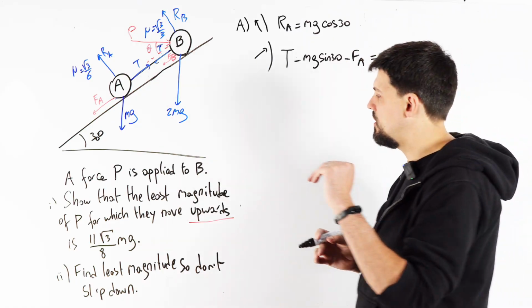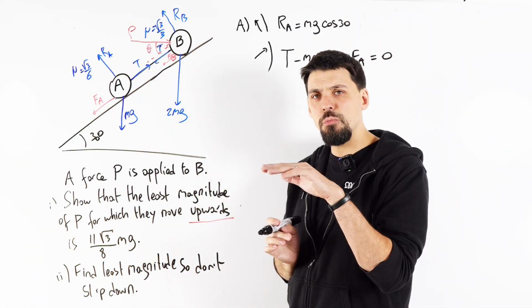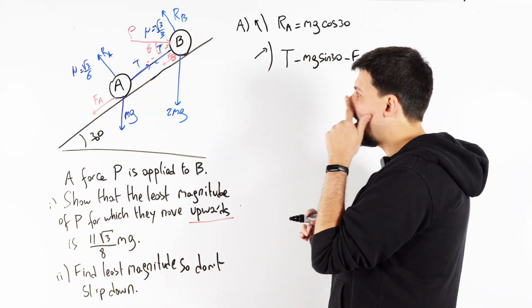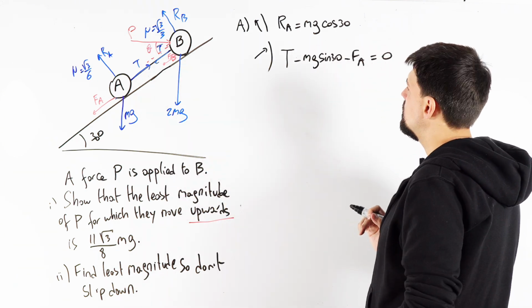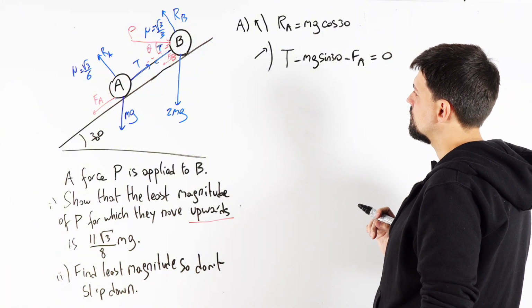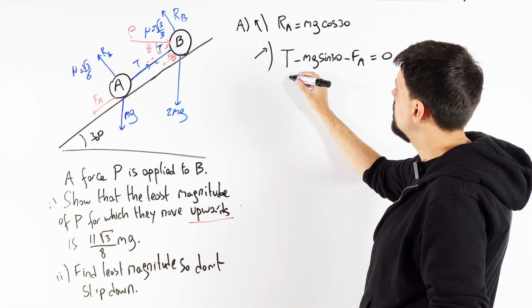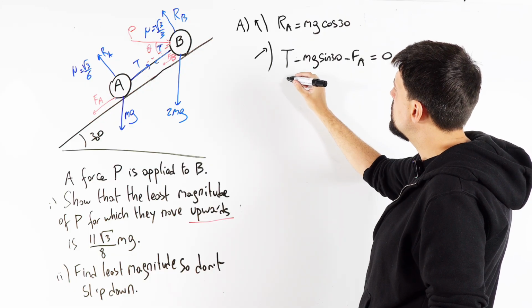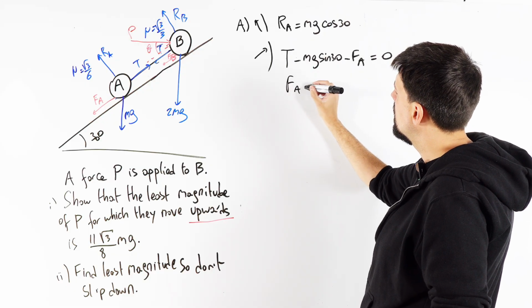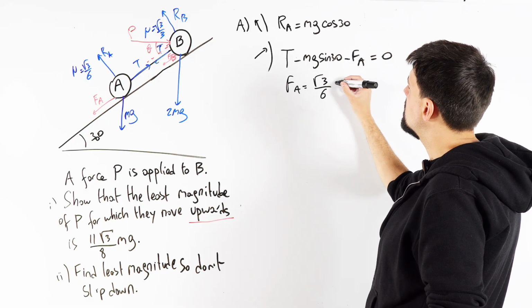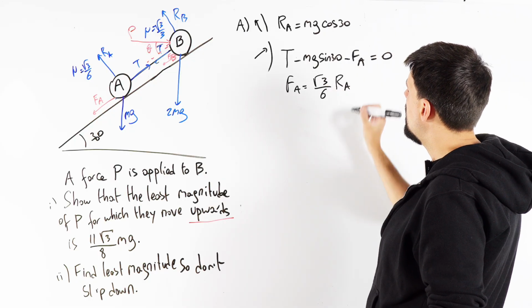We're just on the point of moving, so the friction is pushing us down the slope, and we're just on the cusp. They're just balanced, just about to conk out. And then we are at limiting equilibrium, so friction is root 3 over 6 RA.